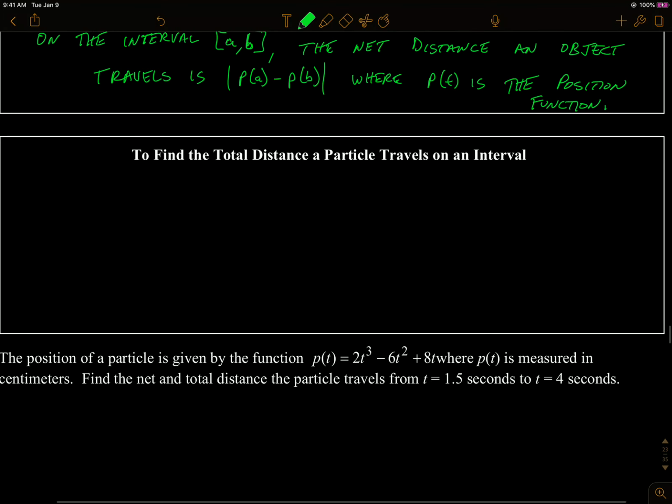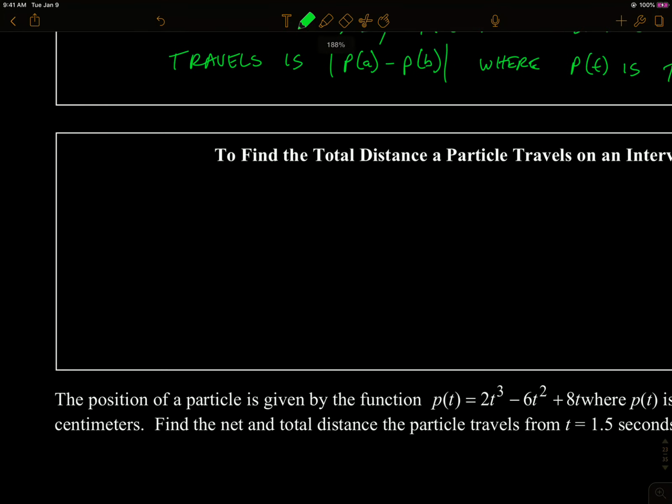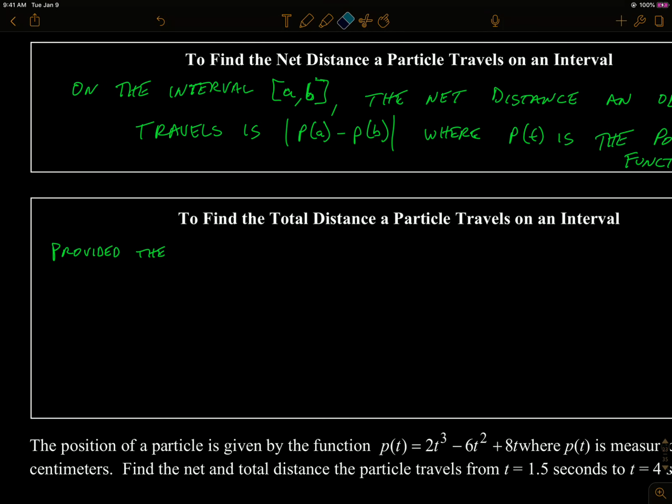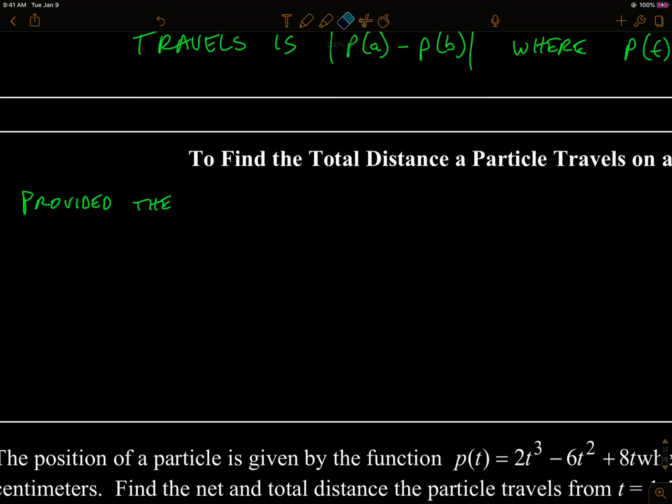To find the total distance a particle travels is a little bit trickier. By the way, this represents starting position minus ending position, and then the absolute value, because we're talking about distance. We don't care about direction. We're going to put 2 parts on this.